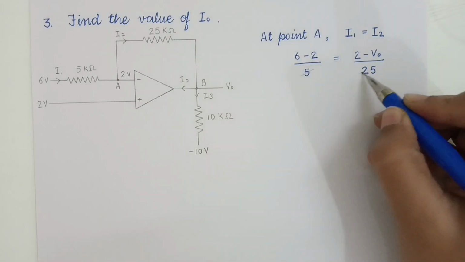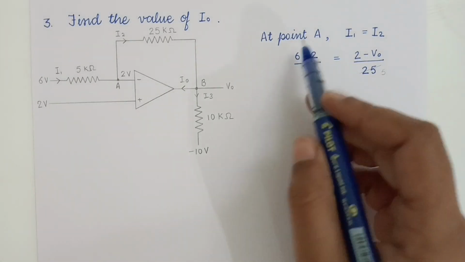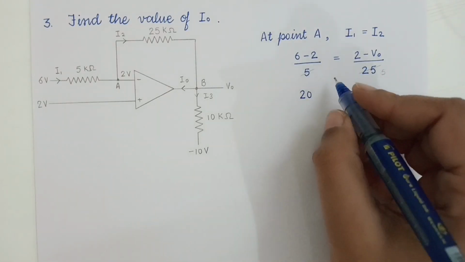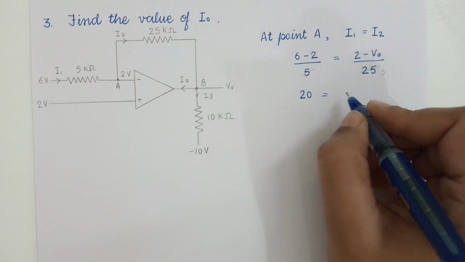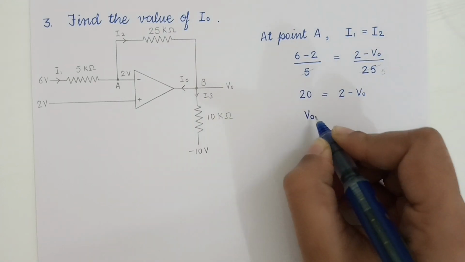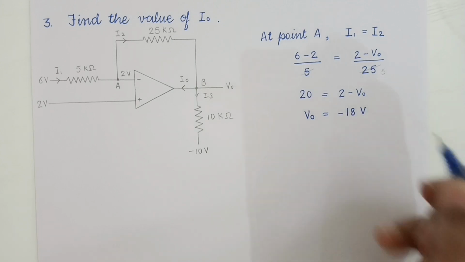Now let's solve it. 5 times 25. Simplifying this, we will get 20 is equals to 2 minus V0. So we will get the value of V0 as minus 18 volt.